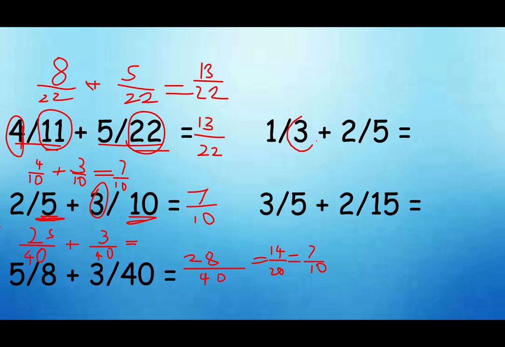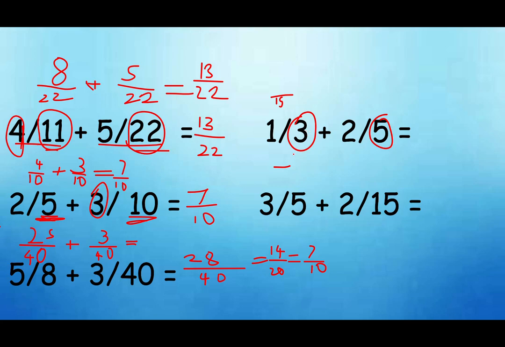Here we have 2 denominators, 3 and 5, but 3 cannot go into 5. Whenever we have a case like that, we have to find a number that both 3 and 5 can go into. We want the lowest number to be easy. So, in this case, it will be 15. Since 3 can go into 15, 5 times, and 5 can go into 15, 3 times.